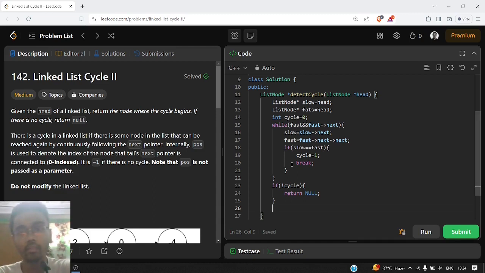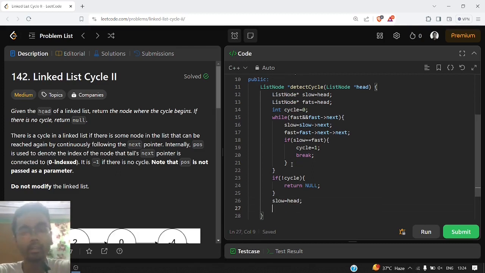So what we have seen, we will move slow pointer to the head of the linked list again. So slow will be pointing to head. Now what we need to do, we need to move slow pointer as well as fast pointer one step ahead until they meet again. So we'll write that now.